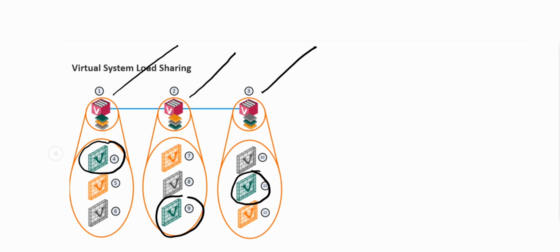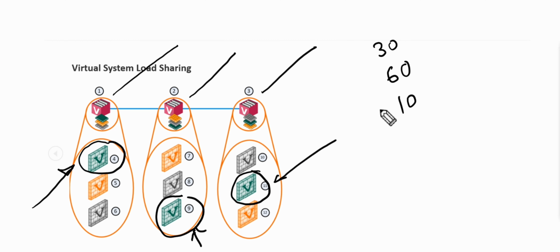Consider you have, say, 30% traffic passing from this VSX virtual system, 60% traffic is passing from this virtual system machine, and then 10% traffic is passing from this virtual system of the VSX gateway.